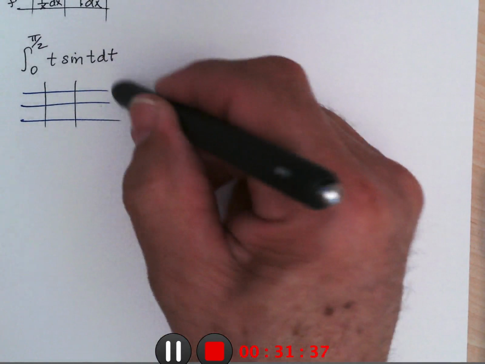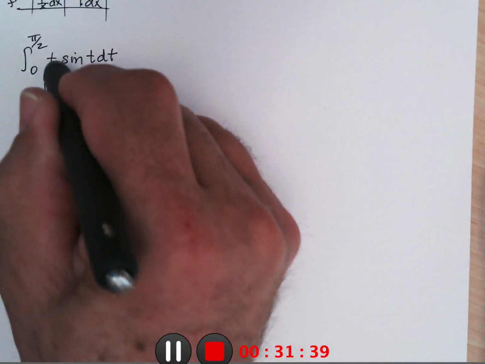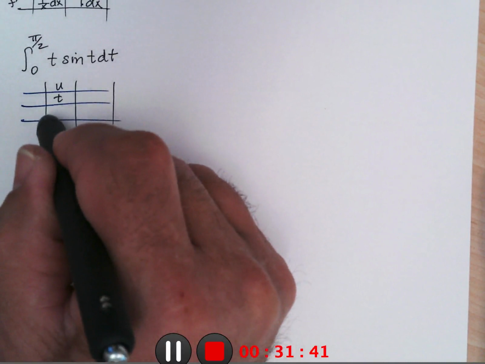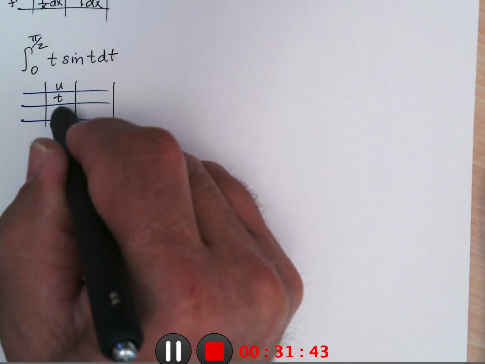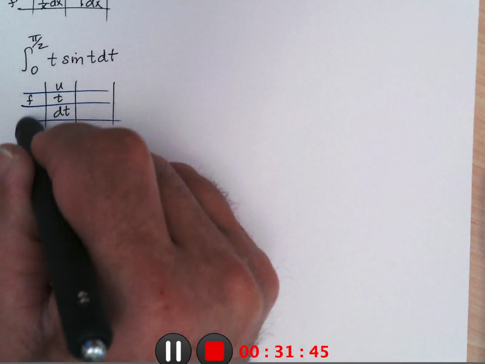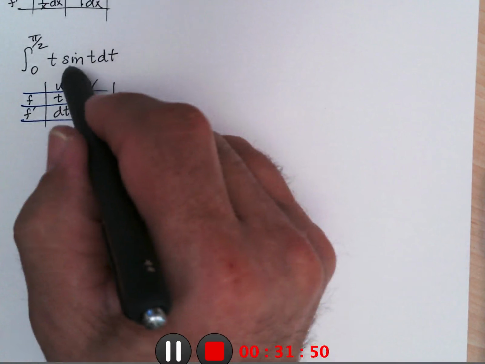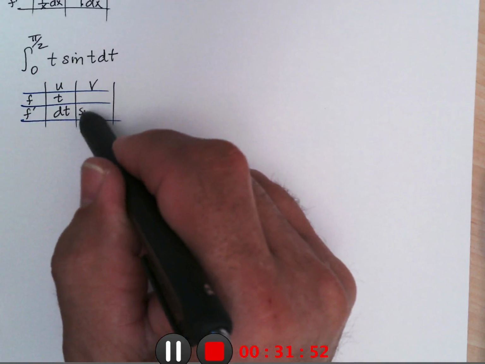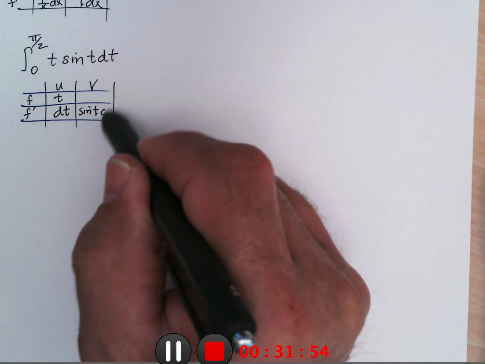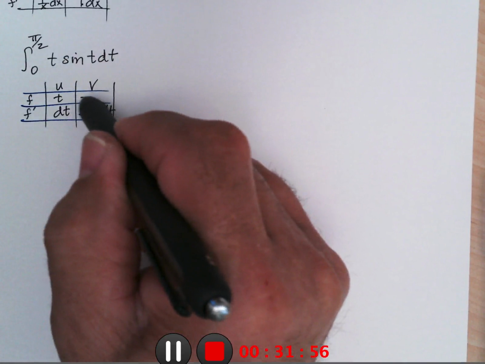I'm going to let u be the t, so du will be dt, and v will be sine t dt. So its antiderivative is negative cosine t.